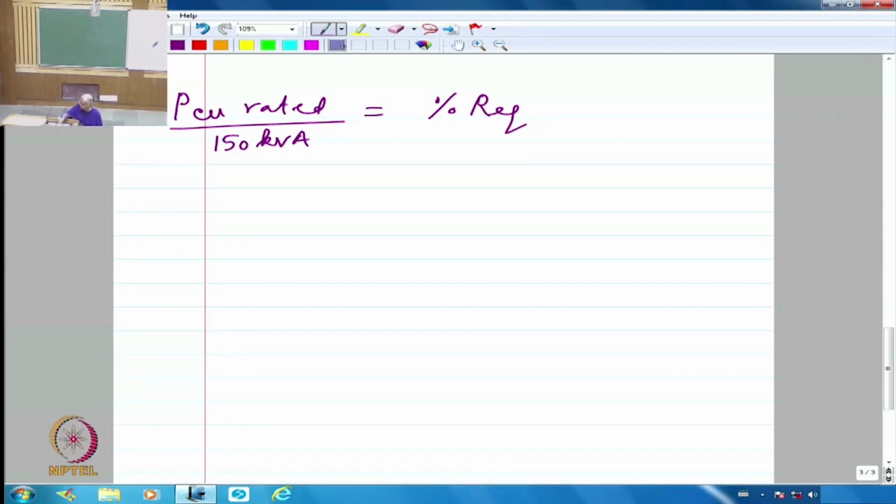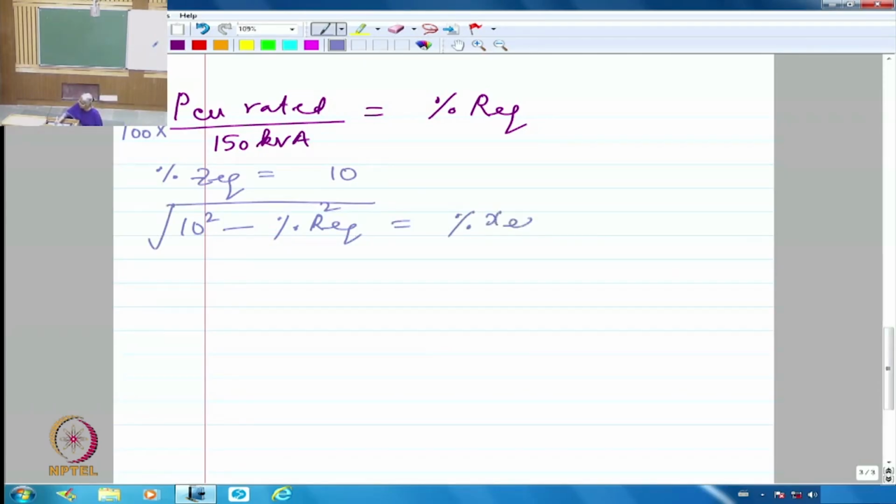And what is given is percentage Z equivalent is 10. So once I get this, I should say square root of 10 square minus percentage R equivalent square. Of course, I have to multiply this by 100 if I want everything in percentage. So this will give me what is percentage X equivalent.